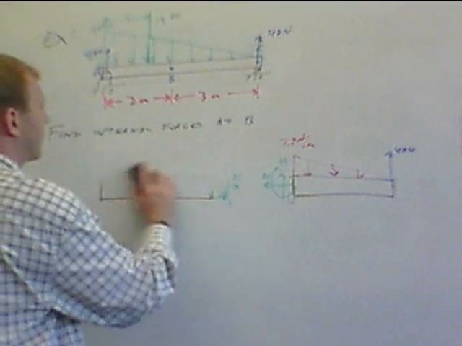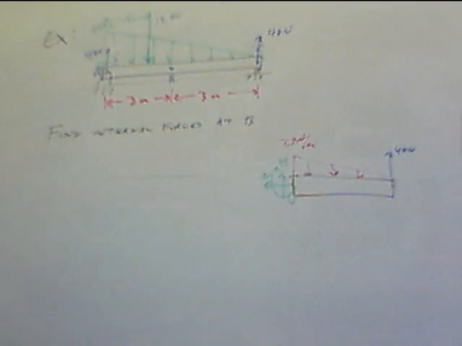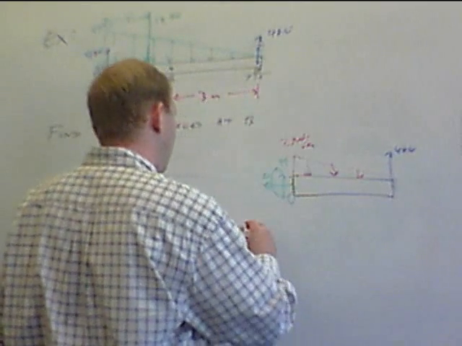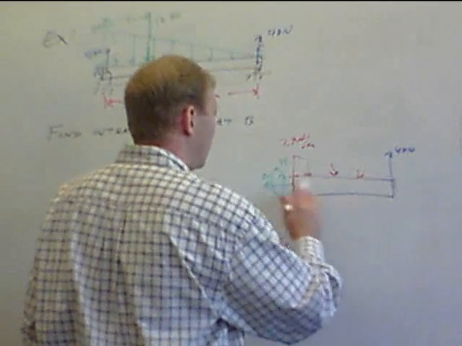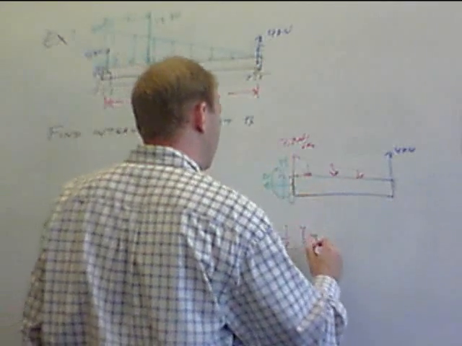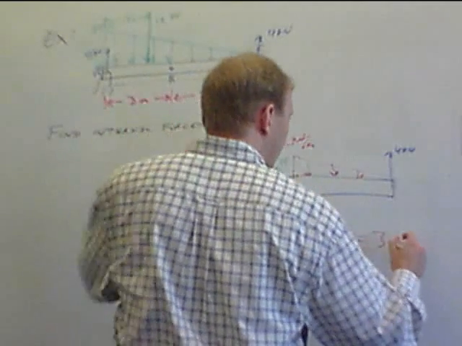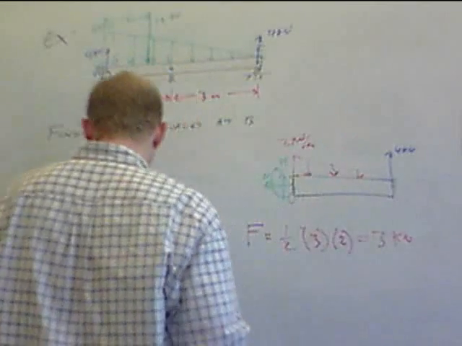I'm going to just take a look at the right-hand side, which is going to be a bit easier. This distributed load, 2 kilonewtons per meter, F equals 1/2 times the base, which is now 3, times the height, which is 2. This is 3 kilonewtons, and its location is 2 meters from the end.